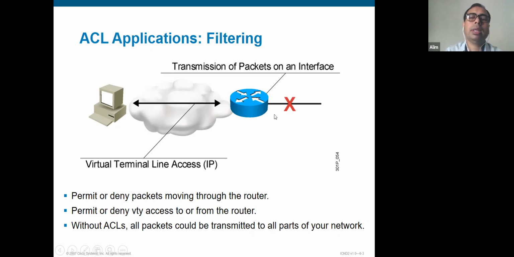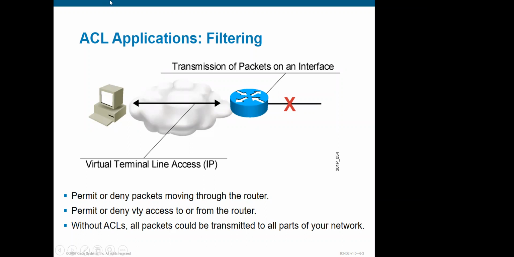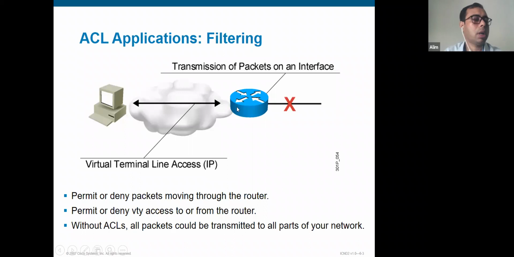You have to understand two types of traffic: inbound traffic and outbound traffic. If traffic is entering a router, it is called inbound. When traffic goes out of the router, we call it outbound.